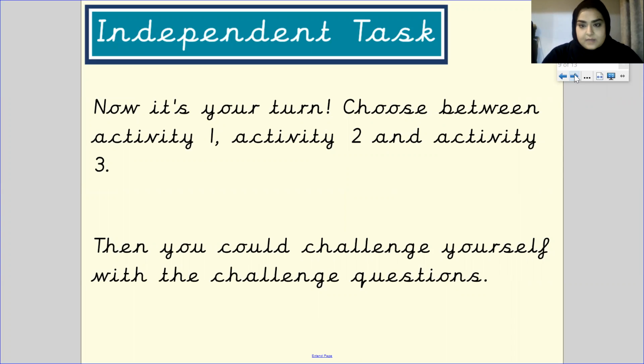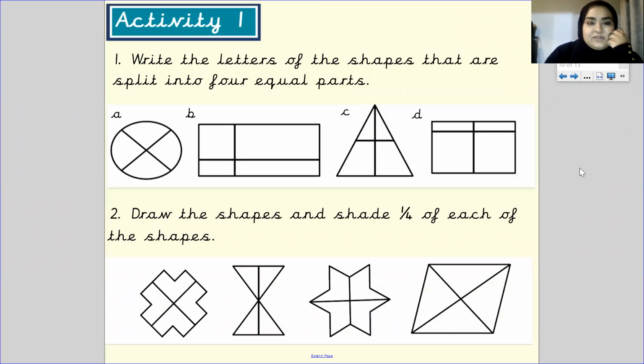Now, it's your turn. So now it's time for your independent task. I would like you to choose between activity 1, activity 2, and activity 3. Then you could challenge yourself with the challenge questions, okay? So for activity 1, you've got 2 questions. Question 1 says, write the letters of the shapes that are split into 4 equal parts.